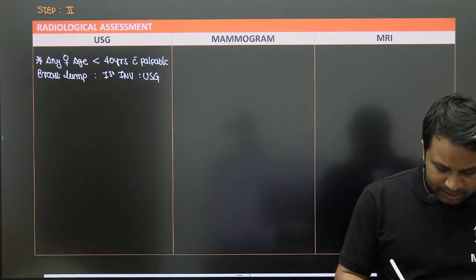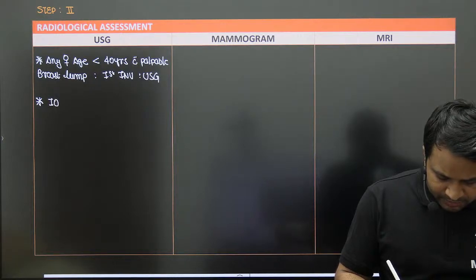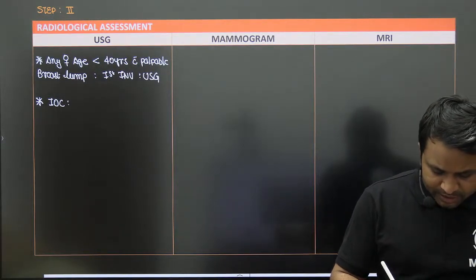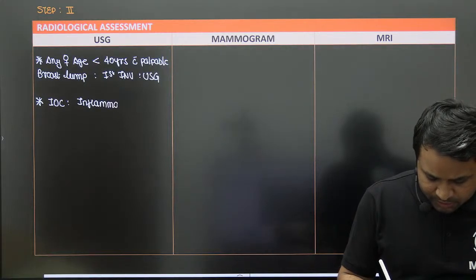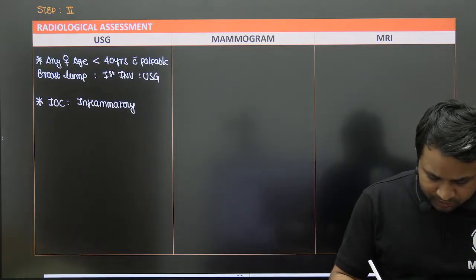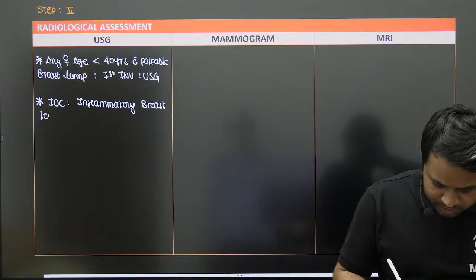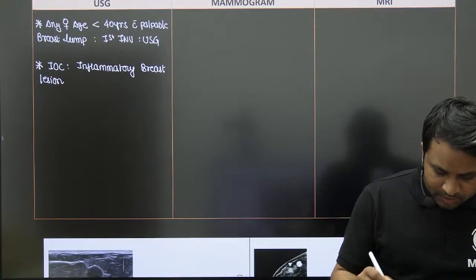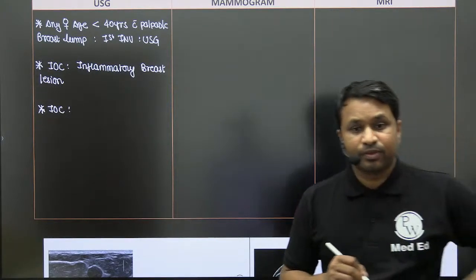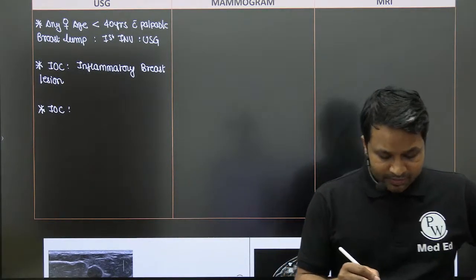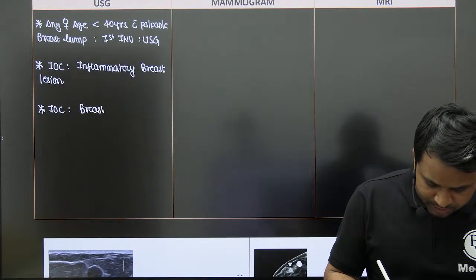What are the other indications? For all inflammatory breast lesions, ultrasound is the investigation of choice. It is also considered the investigation of choice for breast abscess.